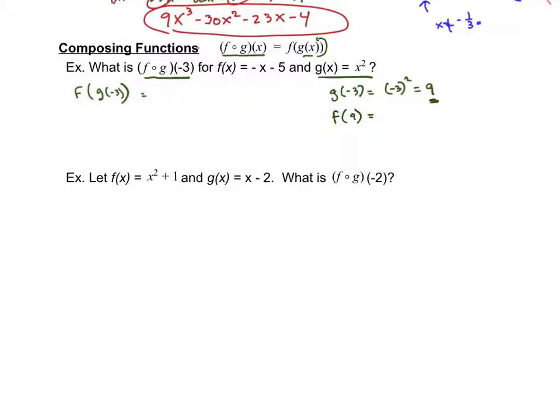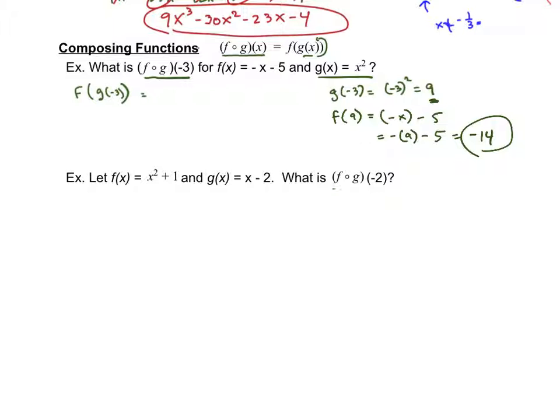My f of x is negative x minus 5, which is equal to negative 9 minus 5, which equals negative 14. And that is my composite function, where I took the output of one function and used it as the input of another function.